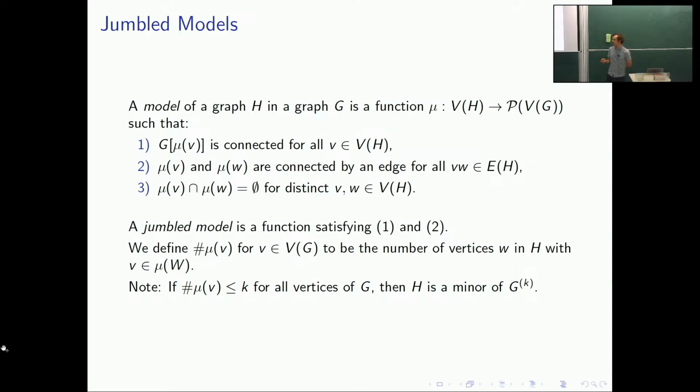So if we replace every vertex of G with an independent set of size k, then we can just take different copies from the independent set to the different bags, and we'll actually find a model which is not jumbled anymore. That's just an observation.